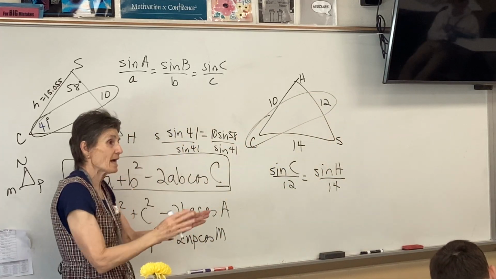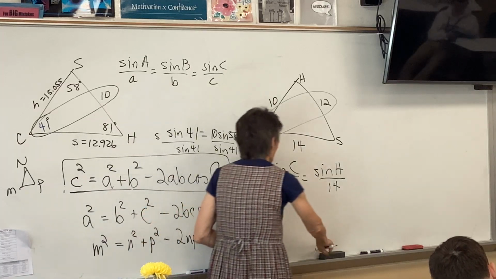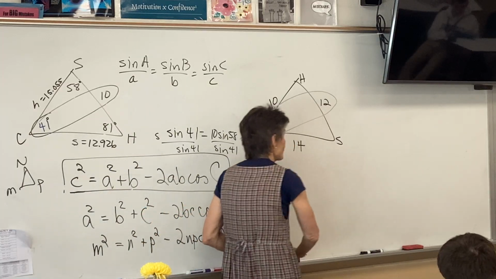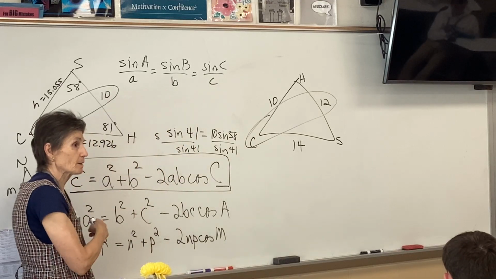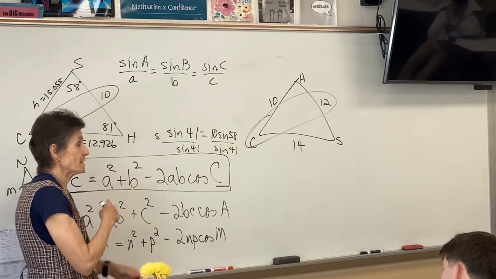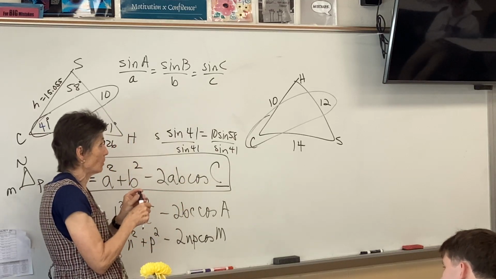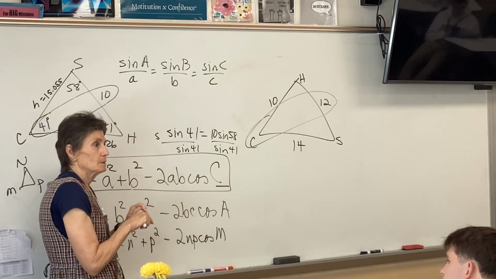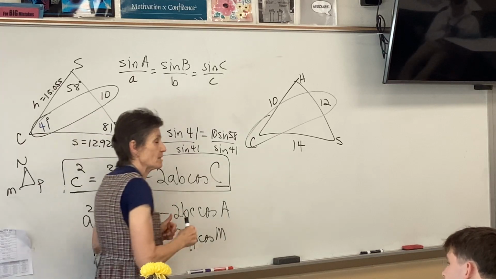You have to have an angle and its side. If you don't have that, then you're going to use the law of cosines. So let's find angle H. Doesn't matter, we just have to find one, we'll just find H.